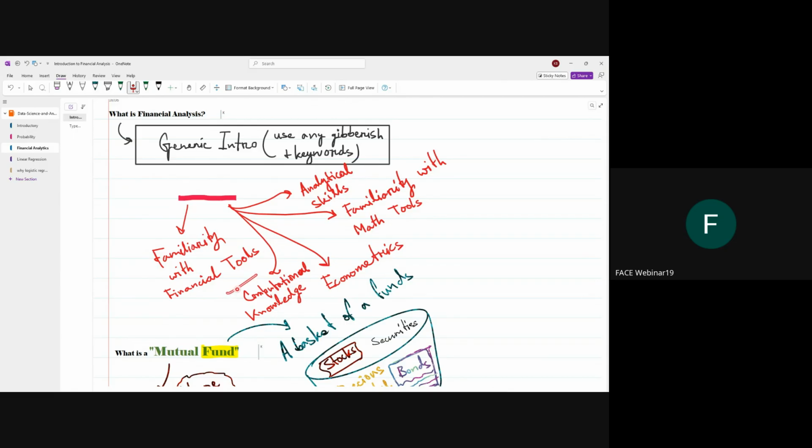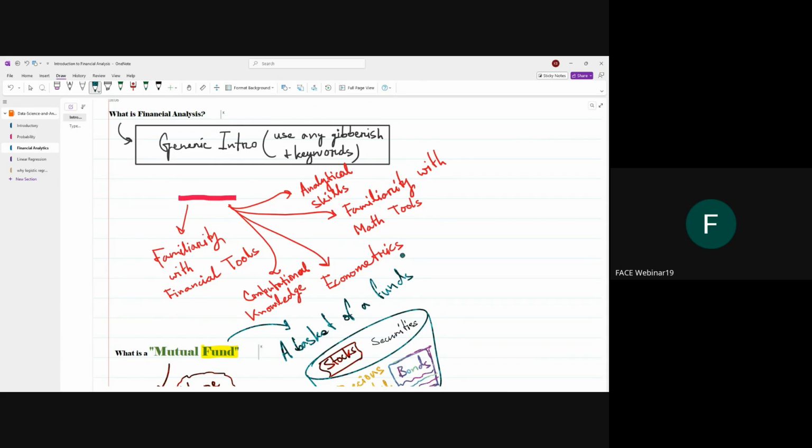Then you need some computational knowledge. Math tools you're also supposed to be familiar with, and analytical skills. Obviously, as you have studied data science or are in the field of STEM, I guess that is trivial, most of you will have that.